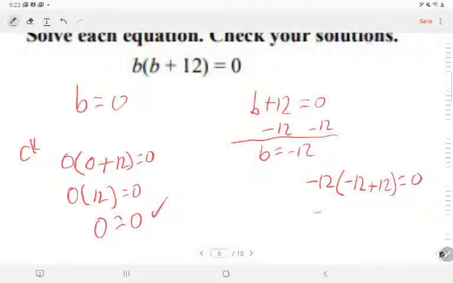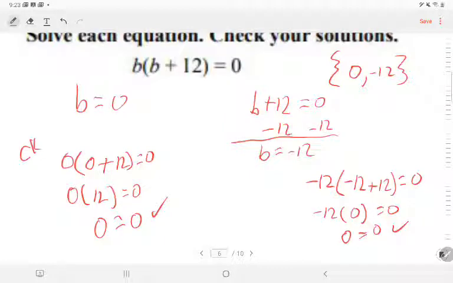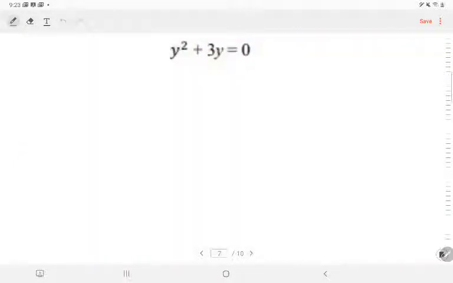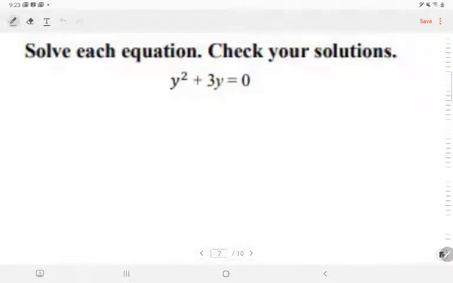Well, negative 12 times 0 equals 0, and 0 equals 0. It checks. So my solution set would be 0, negative 12. Okay? All right. So try this one and then see how you did.